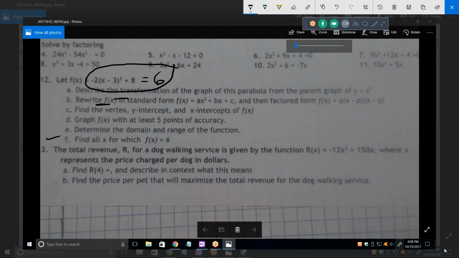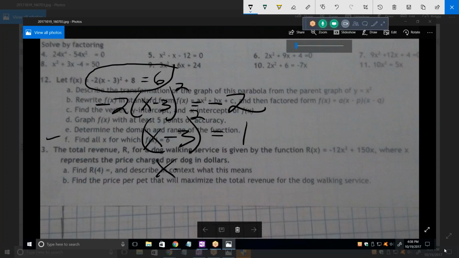So now I've got this. Correct? Now what? Divide by -2. That gives me this. And now I'm going to solve this by taking the square root of both sides. So x minus 3 equals plus or minus the square root of 1, which is 1.